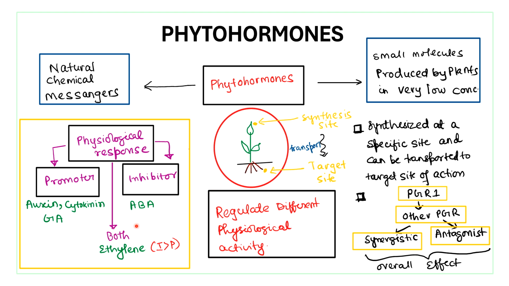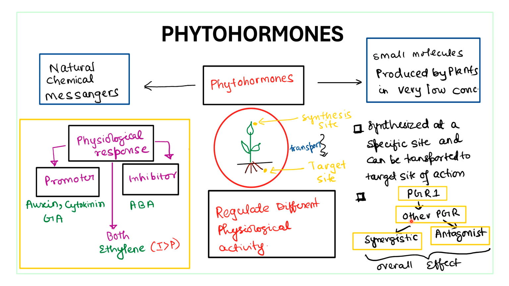Now, certain hormones also show both promoter and inhibitor activity. Example is ethylene. In the particular case of ethylene, the inhibitory activity is more than the promoter activity. Another thing is that these phytohormones can show individual response, or they can also interact with other plant hormones.